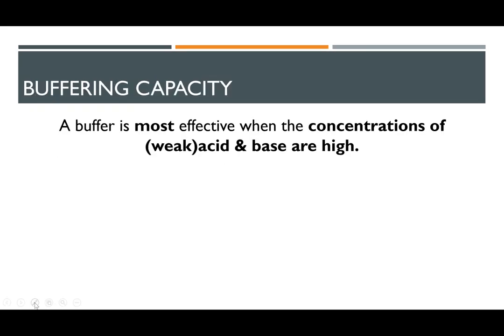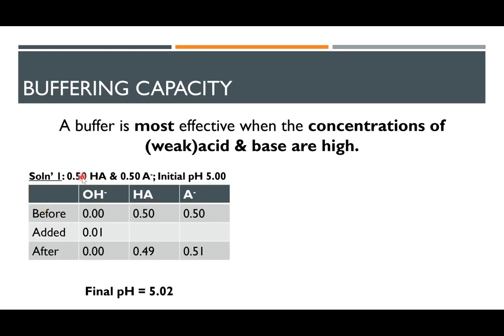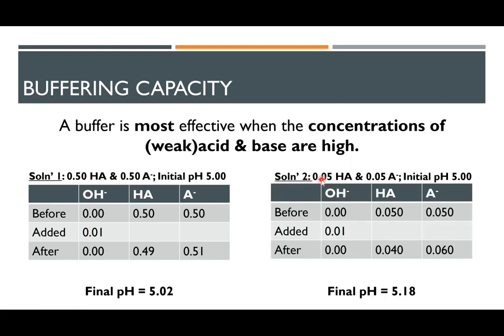So a buffer is most effective when the concentrations of the buffer are high. What we see in these two examples is here in our buffer, we've got a 0.5 molar concentration and a 0.5 molar concentration. And here we've got a 0.05 molar concentration and a 0.05 molar concentration.